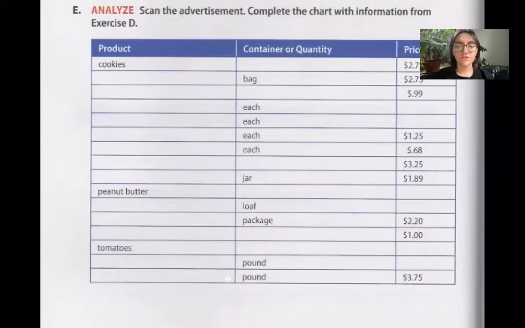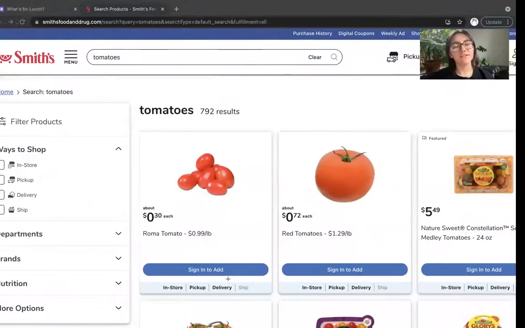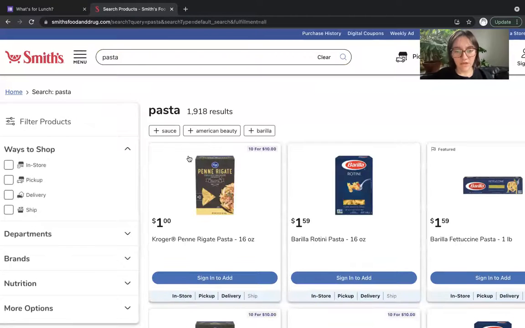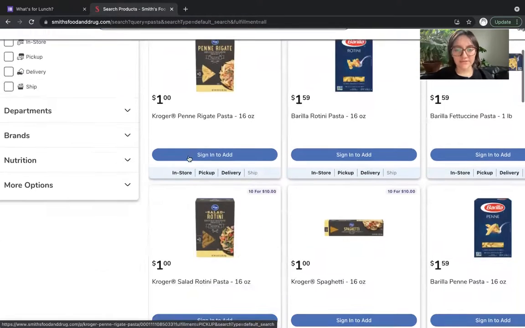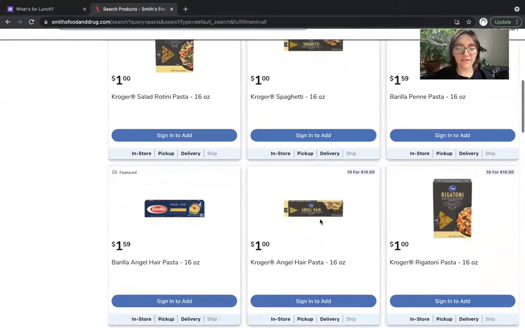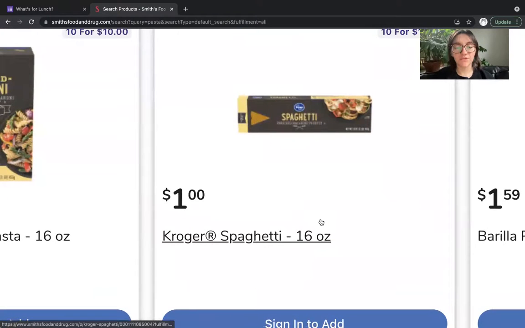Okay, so let's do another one. So there's tomatoes, ground beef. Let's look at pasta. Let's see what pasta they have. Okay, so they have a bunch of different kinds of pasta. Let's look at the spaghetti pasta, see how much that one is.